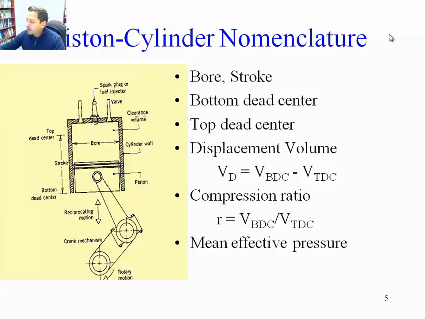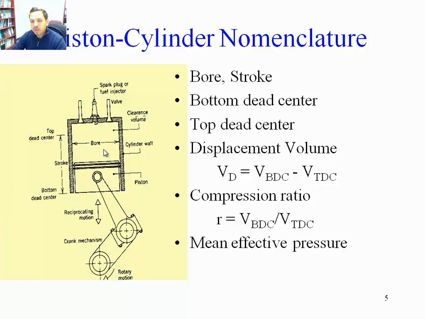The other important parameter to measure in internal combustion engines is the mean effective pressure. As this piston goes up and down throughout the thermodynamic cycle, there are different pressures developed in the different states.